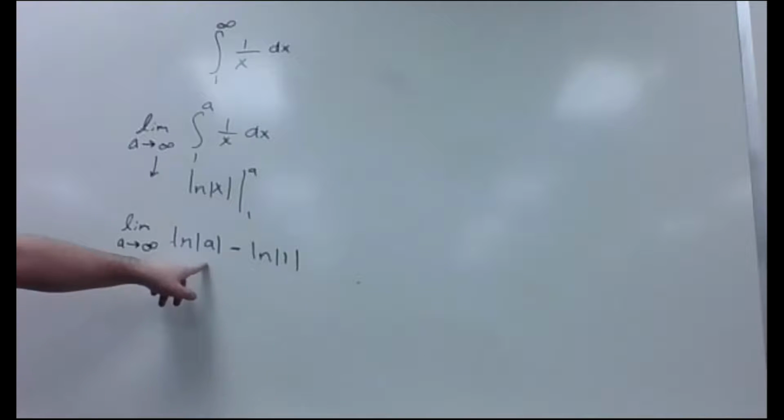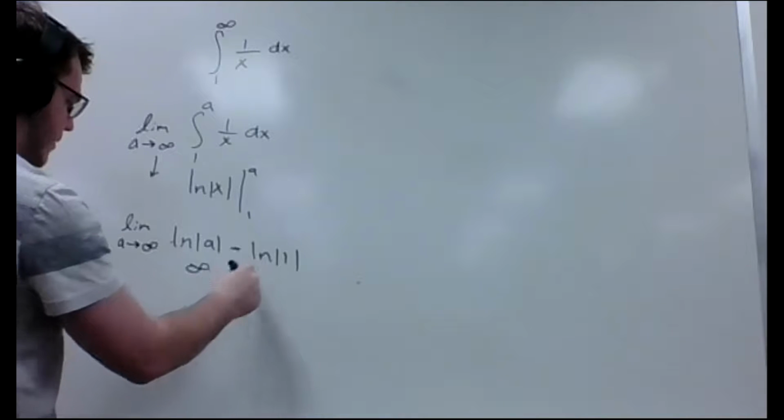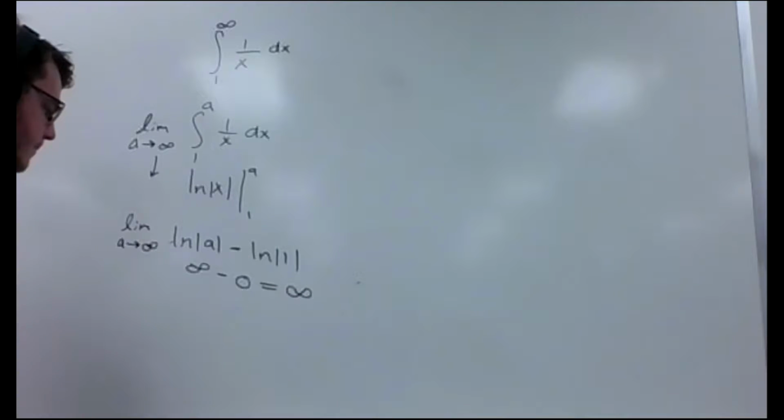That makes sense what we're doing here? Okay. And so as a approaches infinity, ln a also approaches infinity, right? So then that's infinity minus 0, which is equal to infinity, right?